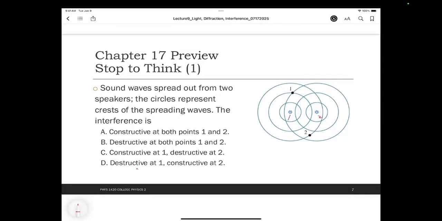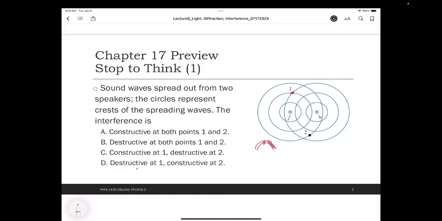Let's see those two points. Point one is in source one's crest, also in source two's crest, which means this point should be constructive. Am I right? Because it is two crests, they will add together.